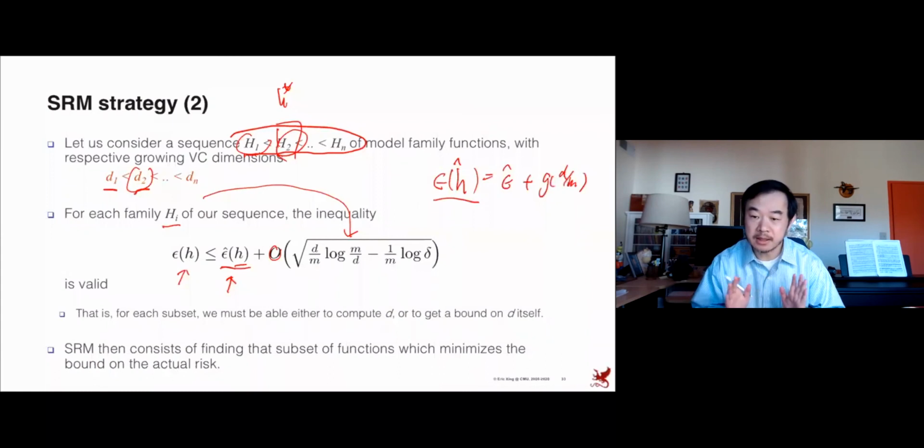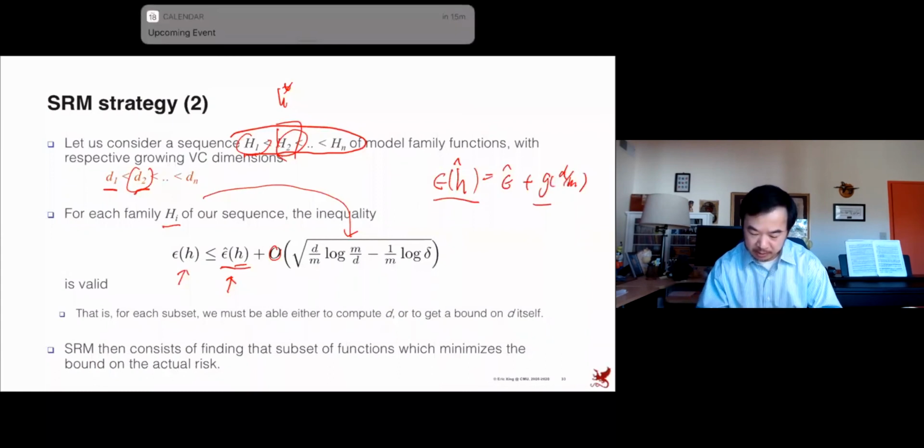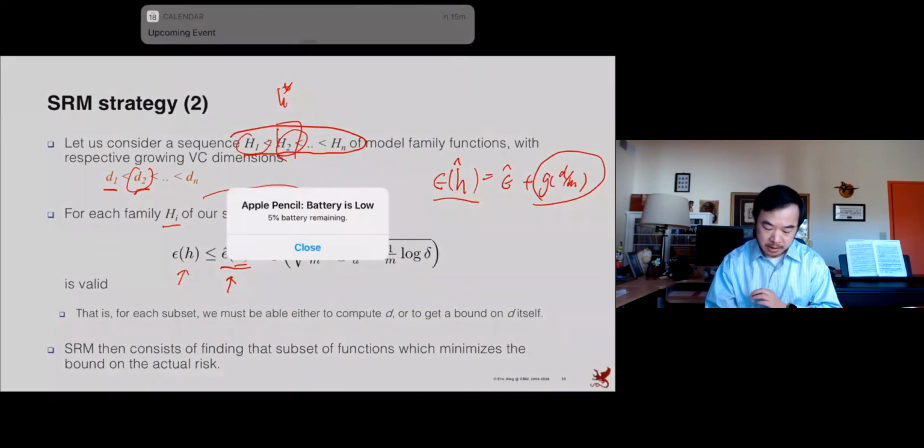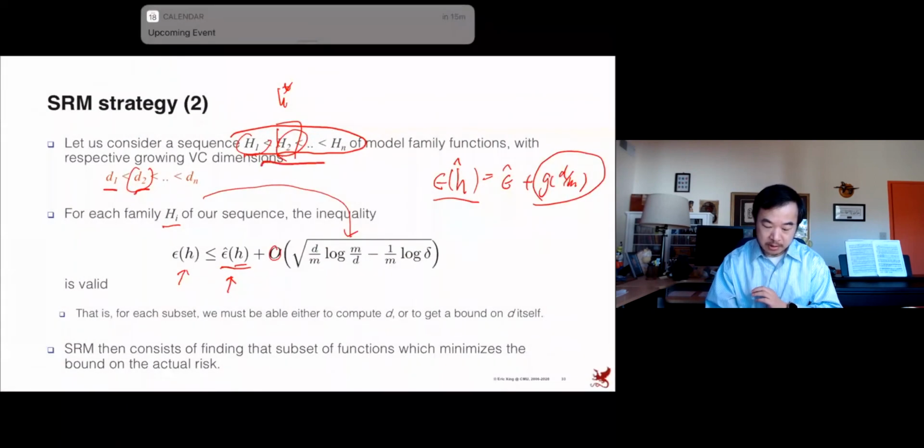Don't do that. It doesn't work because this particular function is highly unreliable. It gives you the trend, but does not give you the numerical quantity. Okay. So in practice, what you still need to do is to use cross-validation. You're going to select hypotheses in this fashion, and then choose the best one out of it.